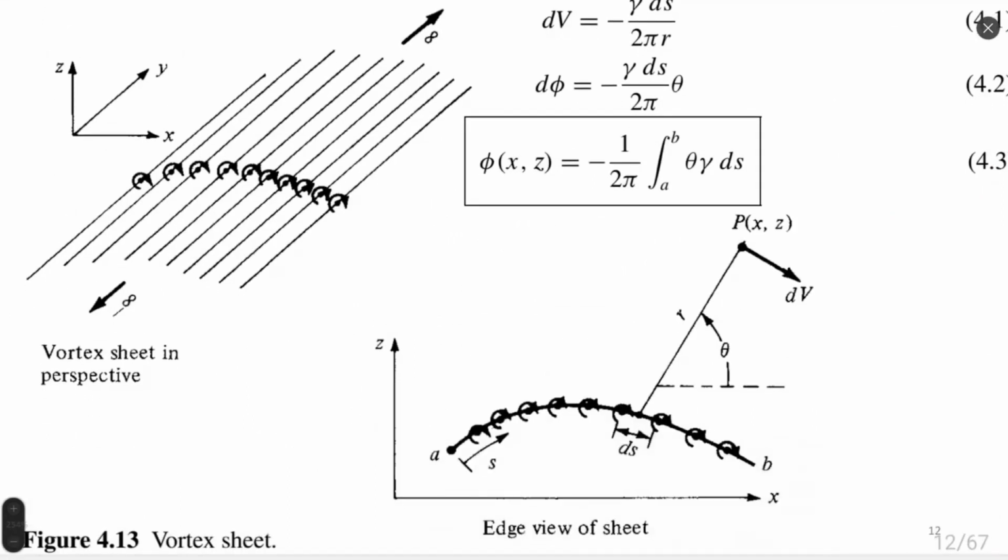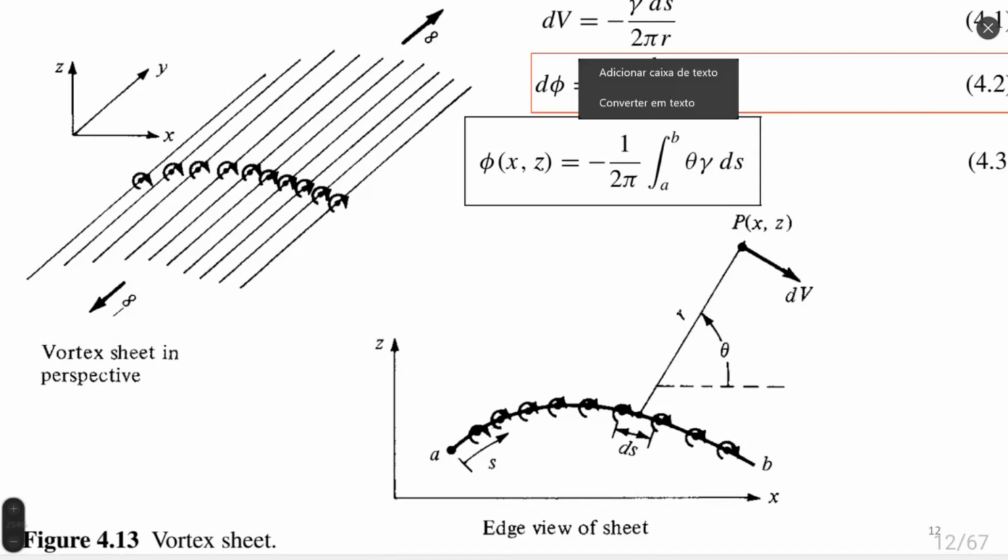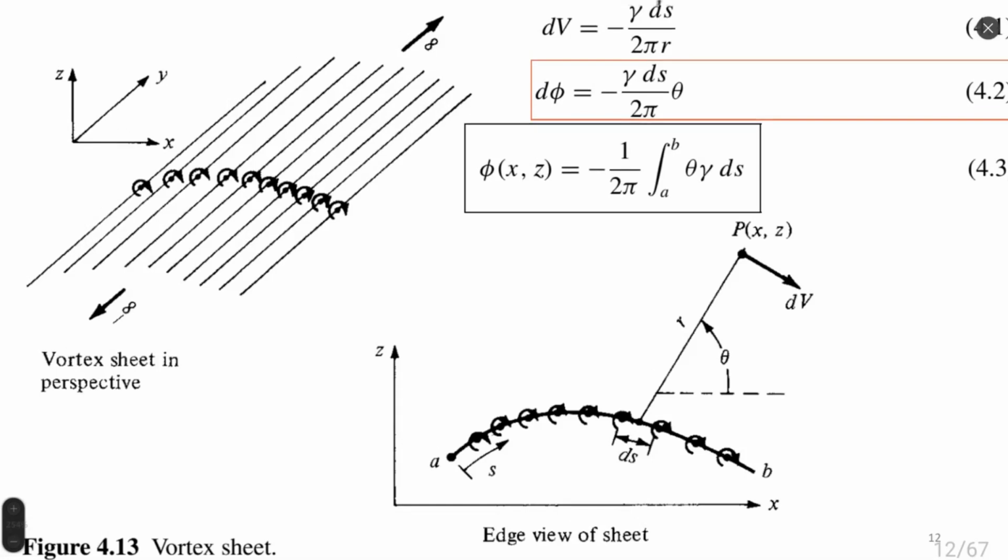So this is again figure 13, which we had before on the previous slide, and here equations 1, 2, and 3 describe the potential function for this vortex sheet. What does this potential function mean? First of all, in equation 1, we see the velocity differential.